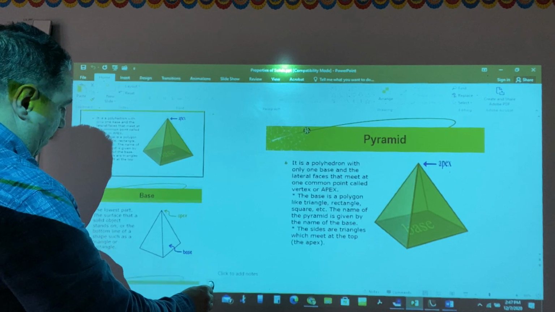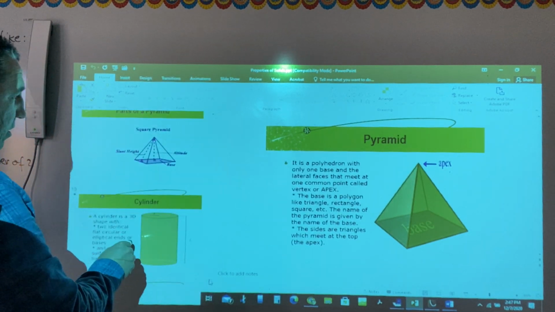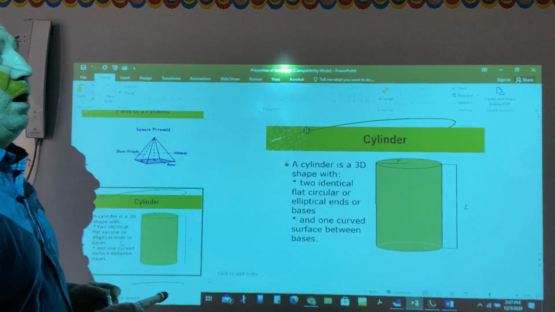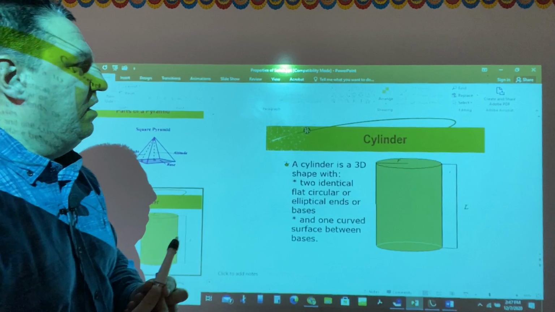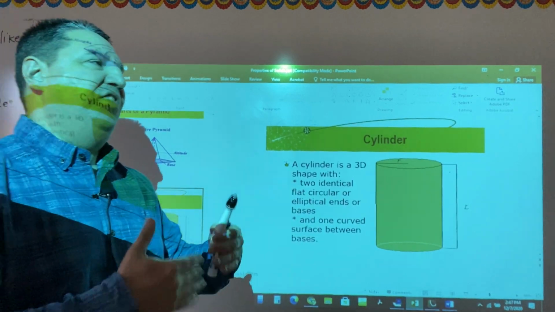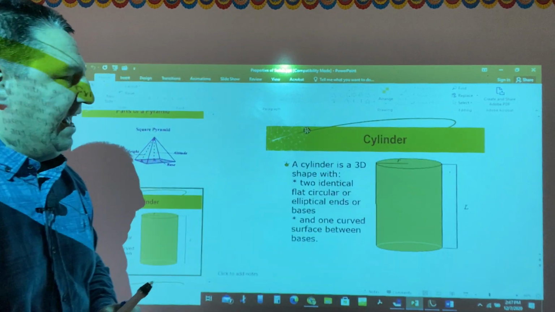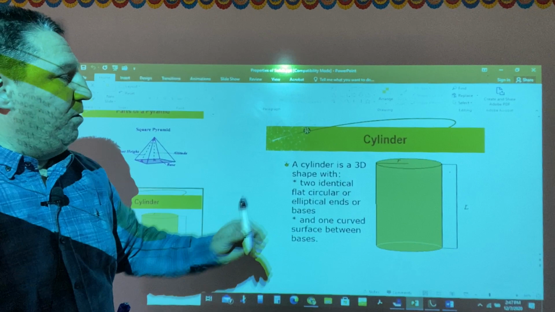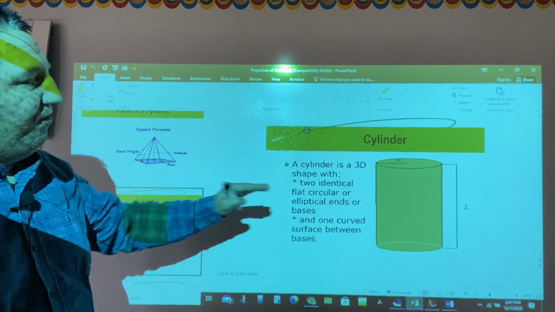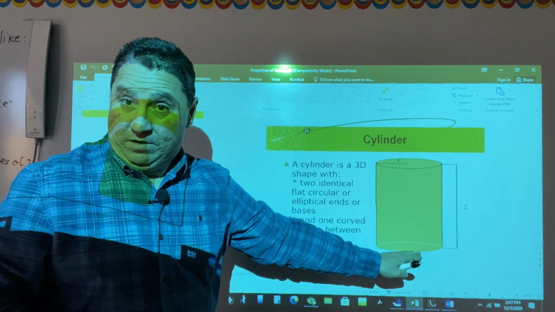Another type of 3D shape is the so-called cylinder. A cylinder is a 3D shape with two identical flat circular surfaces.